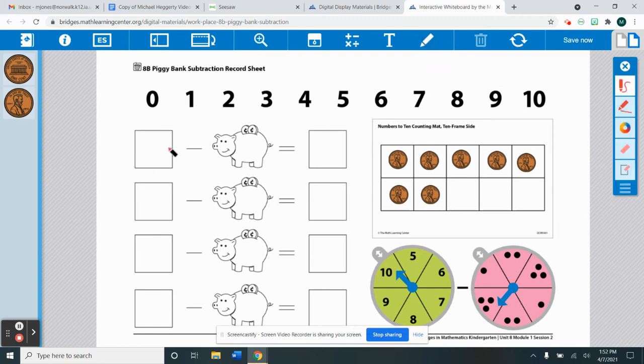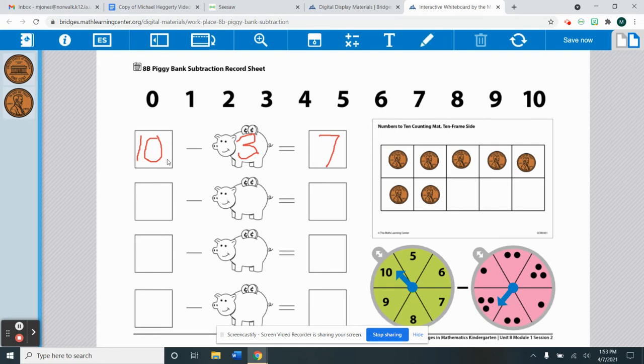So you started with 10, and you put 3 in your piggy bank. This is your little piggy bank. And you counted backwards, starting at 10, 3 times, and stopped with 7 pennies left on your counting mat.